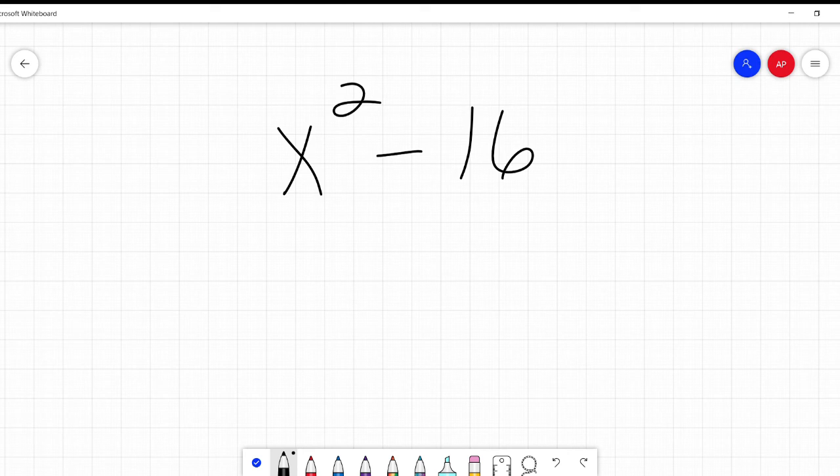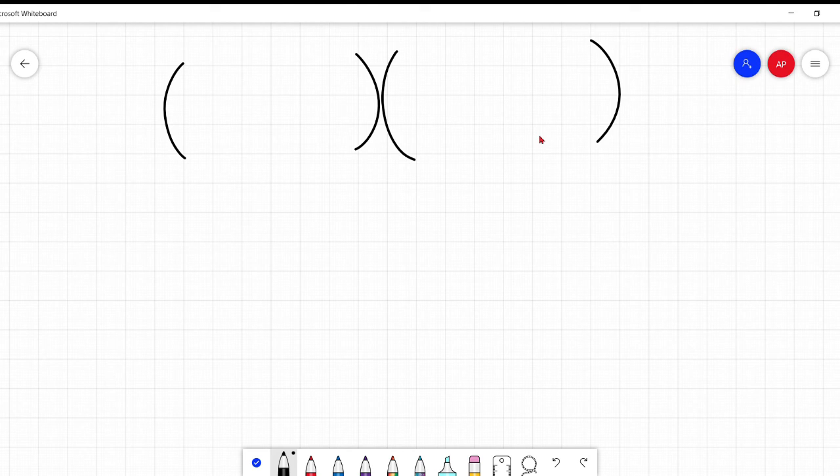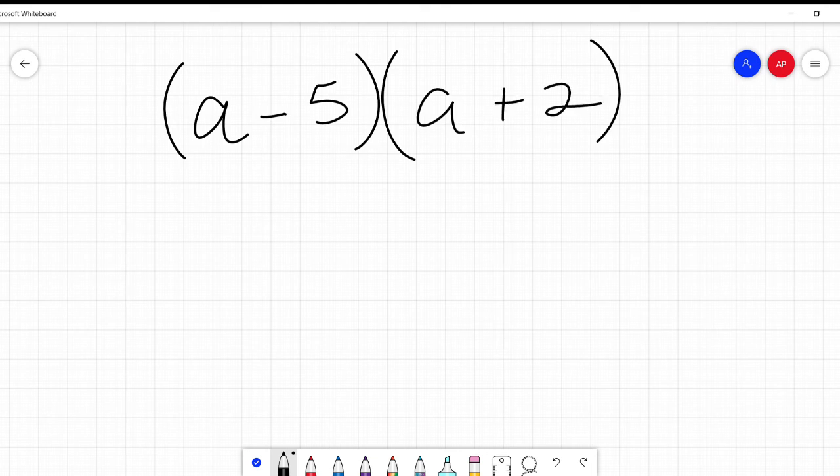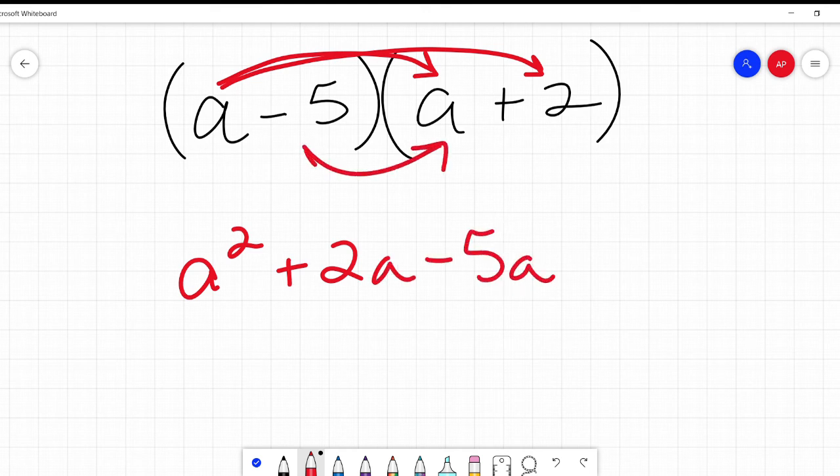Well, as you may recall from previous videos talking about FOIL and multiplication, when we're multiplying things that have been factored, I'm going to slide this up just to hide that for a second as we look at this. If I had a minus 5 and a plus 2, and I go through my FOIL process of distributing that, I end up with those three main terms.